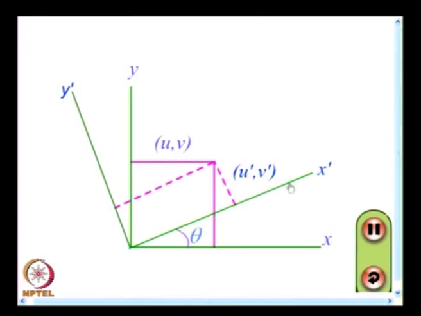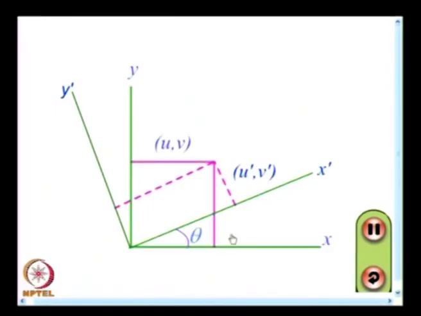I have this as the x prime axis, and the y prime axis which is perpendicular to this. So, the transformation is simply obtained by finding out the expression for u prime and v prime from simple geometry. That is all you need. This you would have done in your earlier courses, it is not something new.